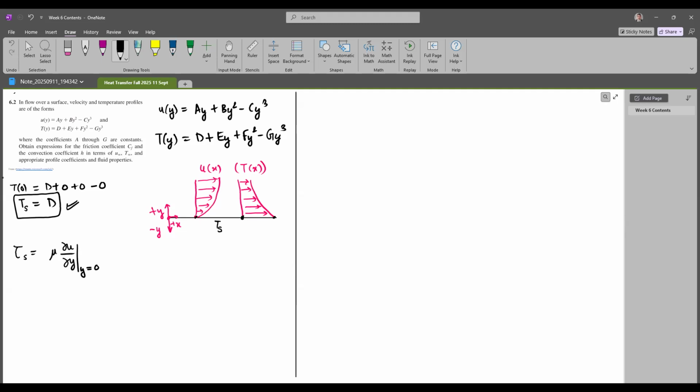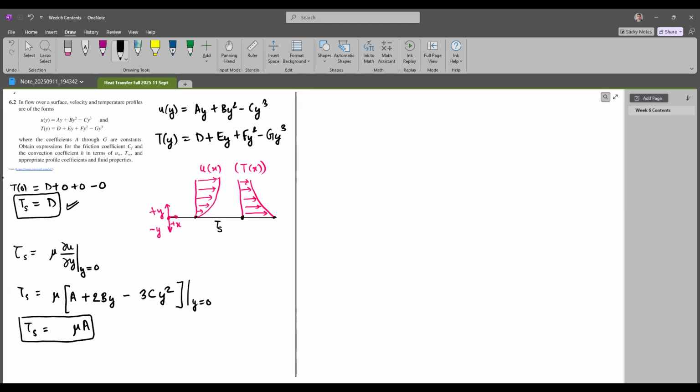So very simply, tau s is mu times dou u over dou y, which would be a plus 2by minus 3cy square, if I haven't made a mistake in the differentiation, at y equal to 0. So tau s is going to be mu times a. That's it. Yes, this is our tau s.